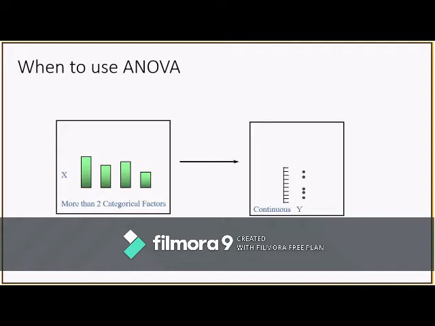So for ANOVA, if you have more than two categorical factors and a continuous Y value, then only you have to use ANOVA. In my upcoming video, I will also share the different forms of data, like categorical, continuous, what discrete means, what attribute data means, and all these. So for ANOVA, it is very clear: if you have more than two categorical factors and continuous Y values, we have to use ANOVA.